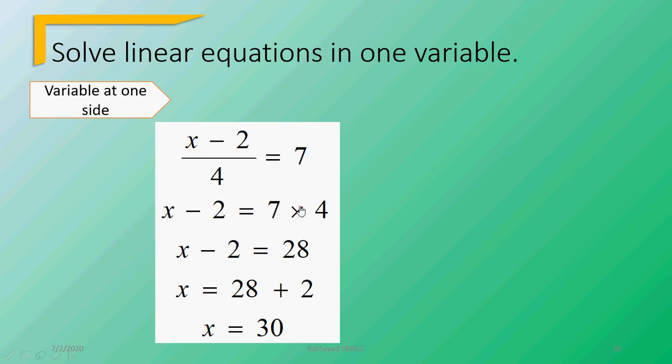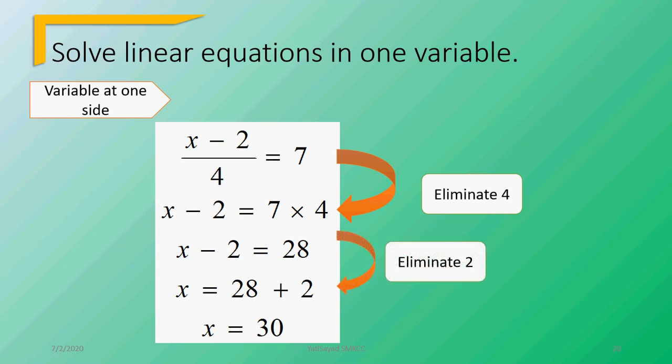So 7 times 4 is 28. At the left hand side, it's only left with x minus 2. The next step is to eliminate this 2, by adding 2 at the right hand side. So you will have x equals 28 plus 2, equals 30.